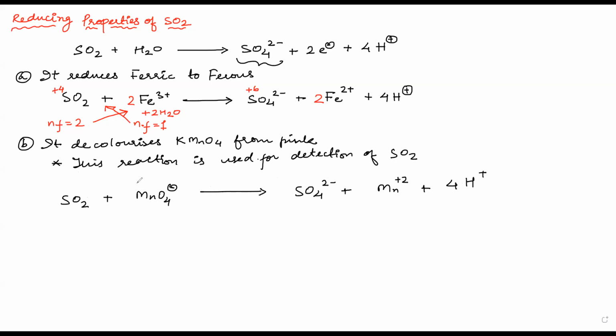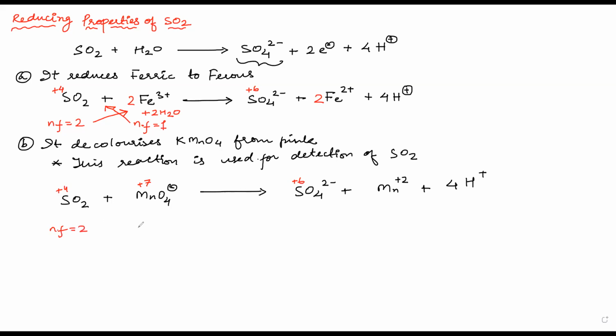So now if you do balancing, this is plus 4, this is plus 6. Here MnO4 is in plus 7 state, and here it is in plus 2 state. So the n factor for SO2, from 4 to 6, is a change of 2.